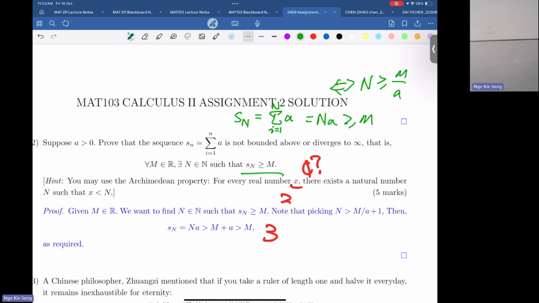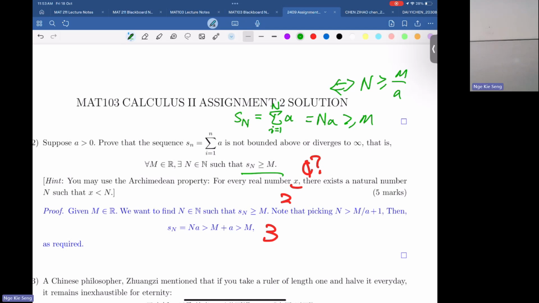You want to find that N. If you have this x, you have an N. So what x can you set? Not just M, right? You want to set x to be M over A.